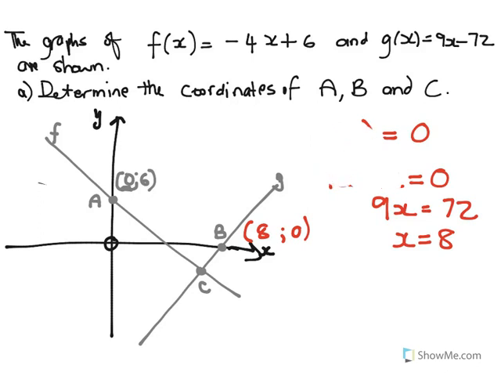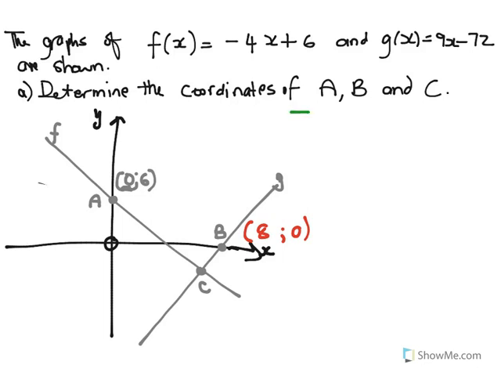Then finally, what kind of a feature is C? C is the point of intersection between the two graphs. And so what we're saying is that for a particular input, the output of f is equal to the output of g. And what is that input? What is the input for which that happens? So when is this output, minus 4x plus 6, going to be equal to this output, 9x minus 72, right?